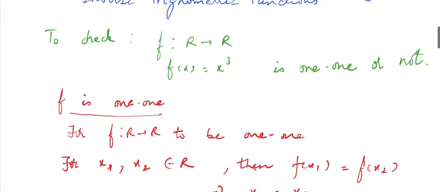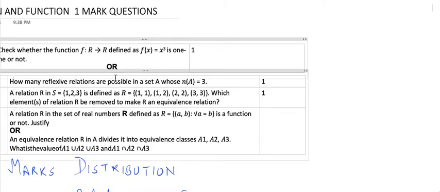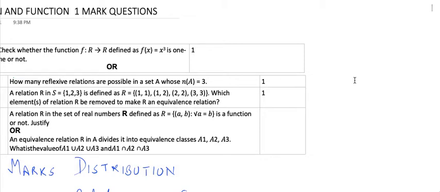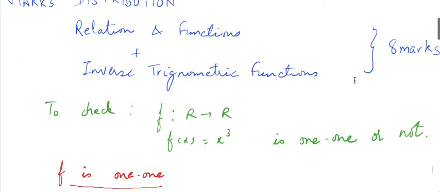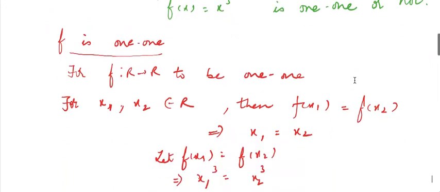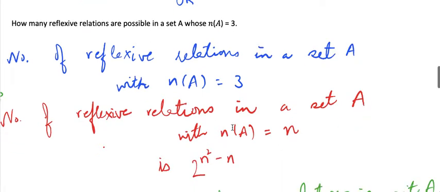Now the second question is about relations. How many reflexive relations are possible in a set whose number of elements is 3? For this you will have to remember a result: if the number of elements in any set A is n, then the number of reflexive relations in set A is 2 raised to power n square minus n.